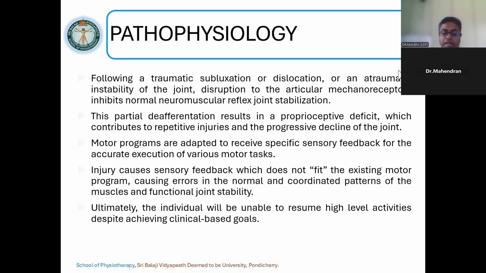But after some period of time, there is a chance of recurrence, or sometimes the patient is not able to resume a high level of function because of the loss of proprioceptors. So by using the RNT, these loopholes could be addressed.